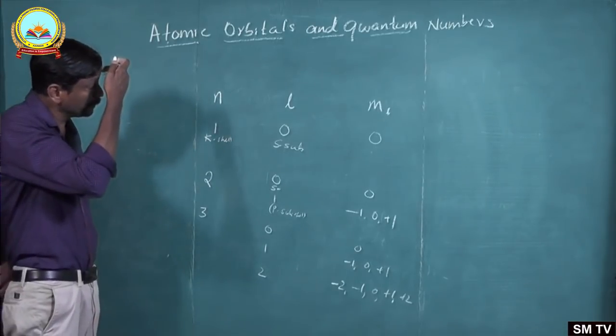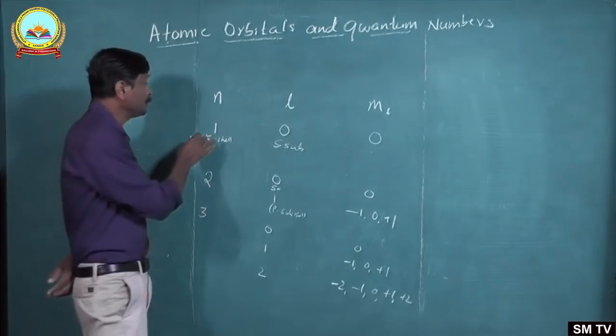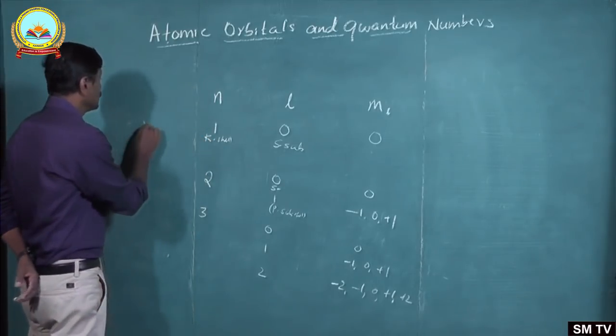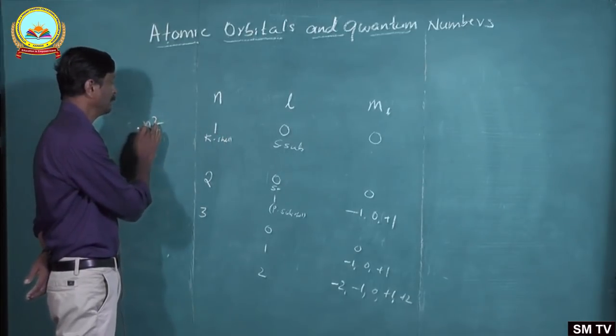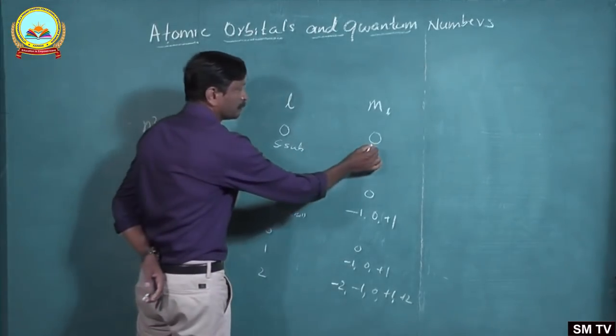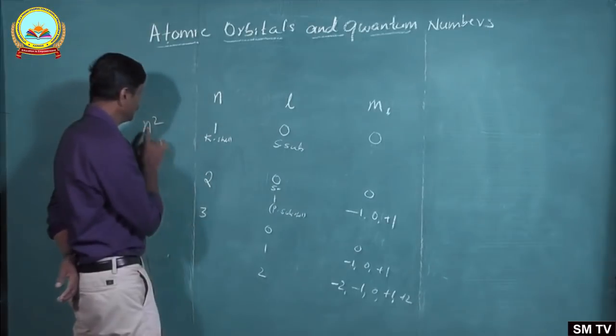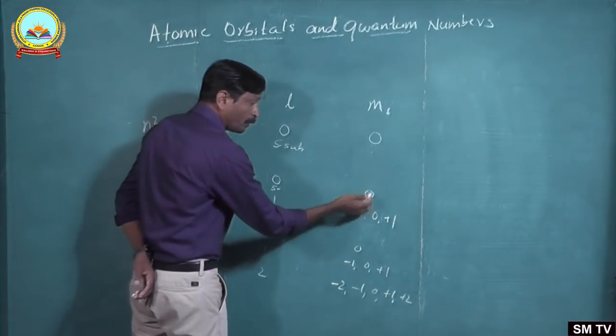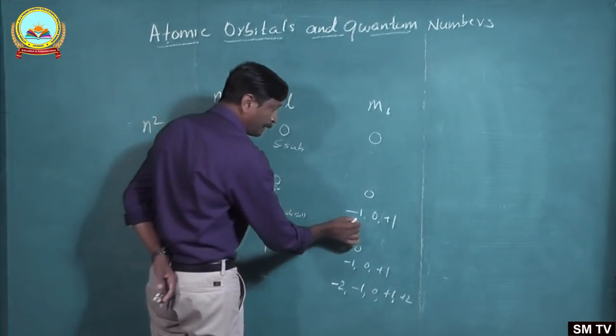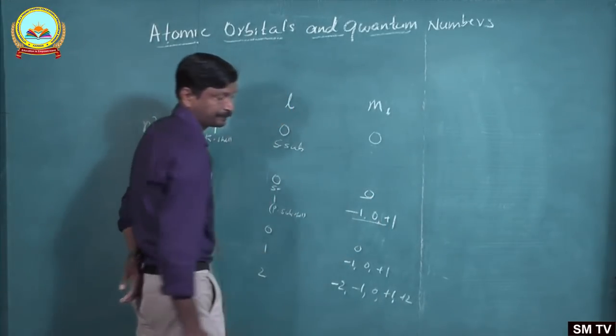Now look, how many orbitals are present? N square. N is equal to 1, the number of orbitals is 1. N is equal to 2, how many orbitals are there? 4 orbitals. Out of that, 3 p orbitals and 1 s orbital.